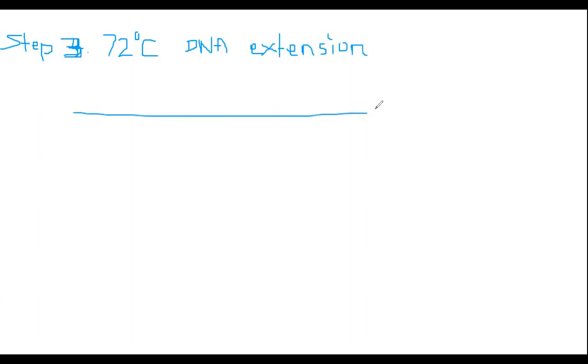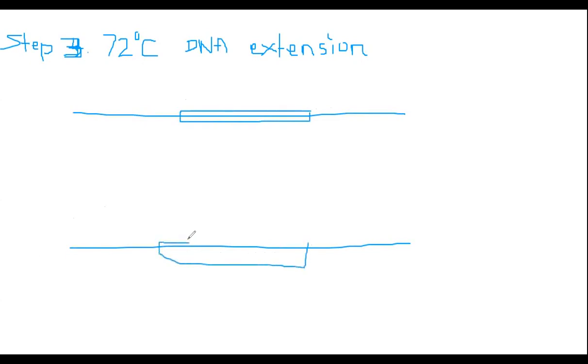Okay, once again, our 2 strands of DNA and our gene of interest. This is our DNA of interest that we're trying to amplify. We're trying to amplify it because we want to study that particular gene. We might want to study the function of that gene.